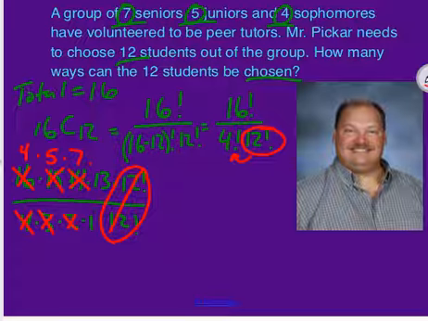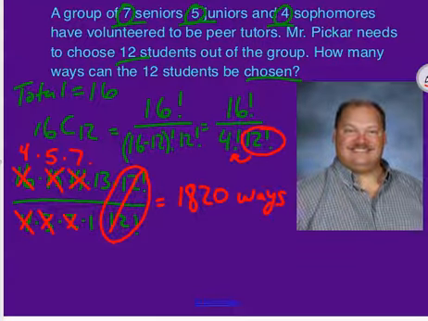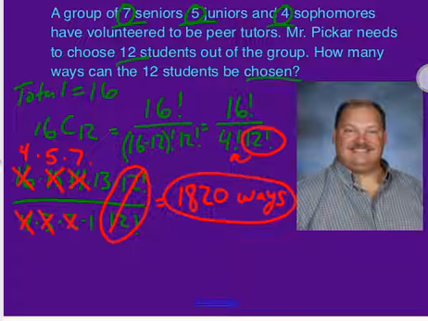And 140 times 13, I grab my calculator, and I get 1,820 ways. They want to know how many ways. So that's what you're doing, all right? You're dividing by an extra thing in combinations, because then there's a lot fewer possibilities.